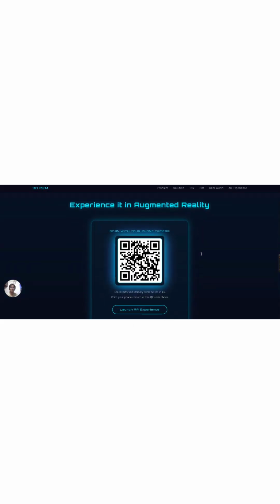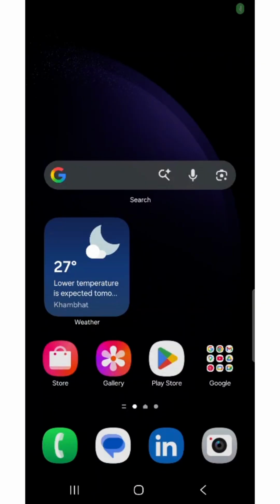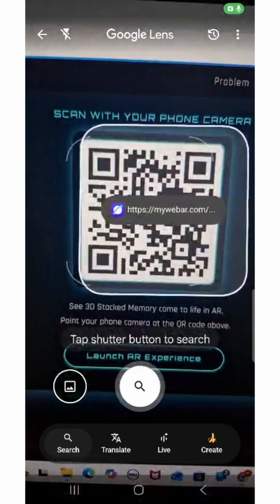So now please try to scan the QR code and check the augmented reality from your phone camera. Thank you. Here we are now testing the augmented reality. Let us just try to test it out.